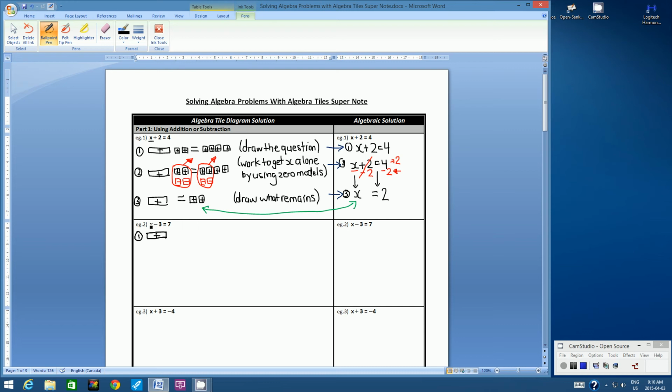So we have a positive x, and then we have minus 3, or negative 3. And then we have the equal sign. Don't forget the equal sign. And then on the right side of the equation, we have 7 positive tiles.